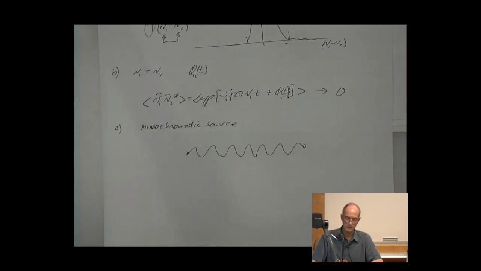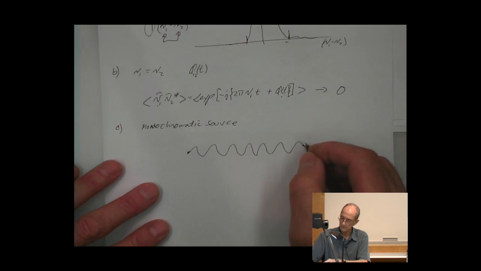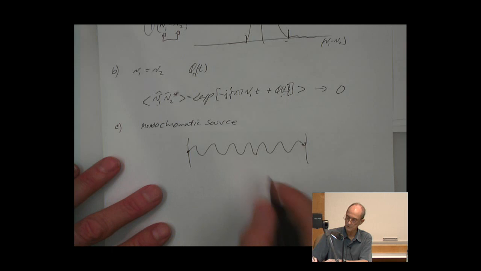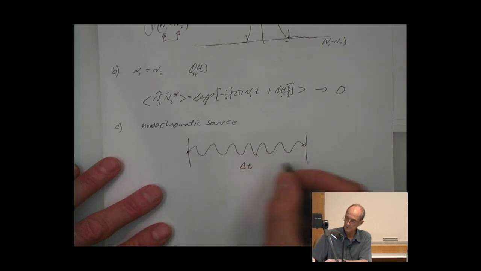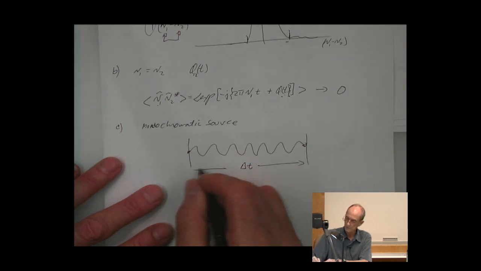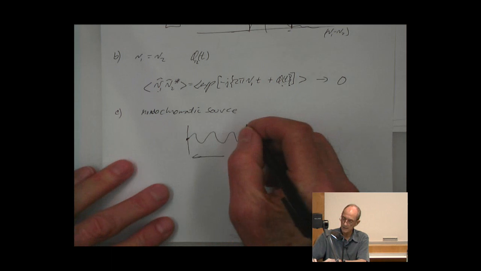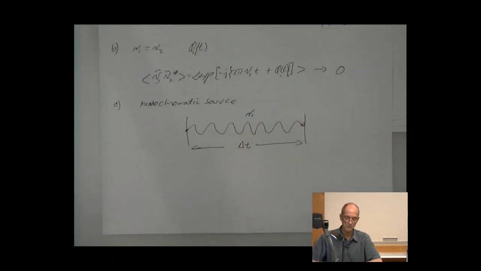But let's say instead of having it emit for all time, we truncate that, all right? So we now have a pulse of monochromatic light. So here we have delta t that shutters that monochromatic source, and it's at a frequency nu sub 0.